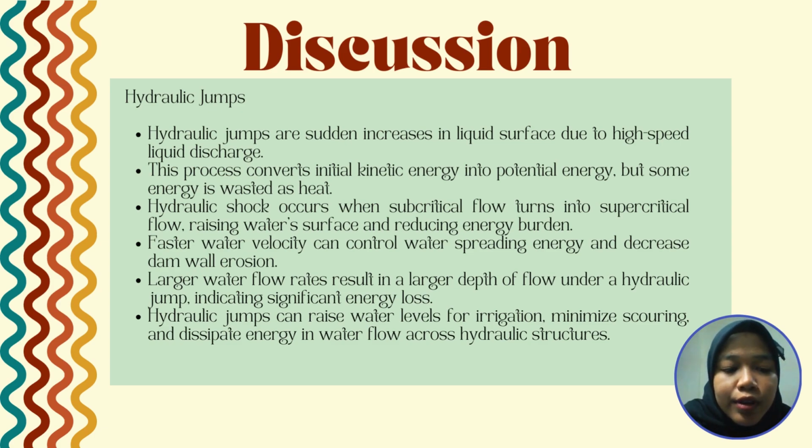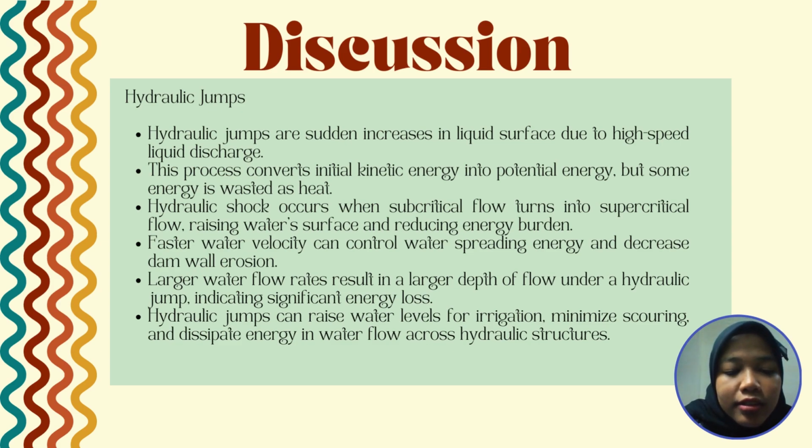In an experiment, faster water velocity showed that the water's spreading energy can be controlled and decreased to lessen dam wall erosion. Larger water flow rates result in a larger depth of flow under a hydraulic jump, indicating a powerful hydraulic jump and significant energy loss.